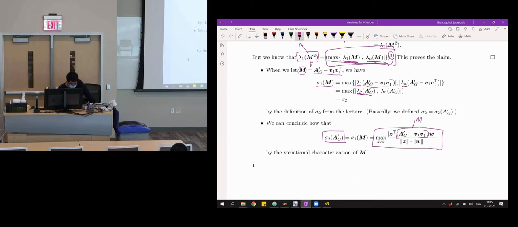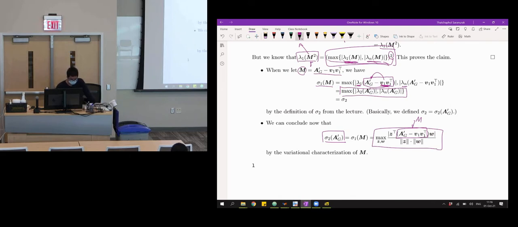Because you look at the first eigenvalue of this thing, but you remove the first eigenvalue of A prime, so it becomes the second eigenvalue of A prime. For the last one, it stays the same. But now you just need to recall that this is how we defined sigma 2 in class.